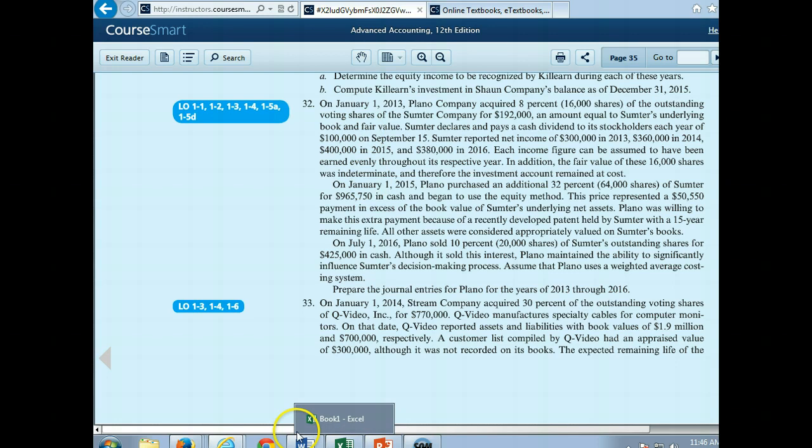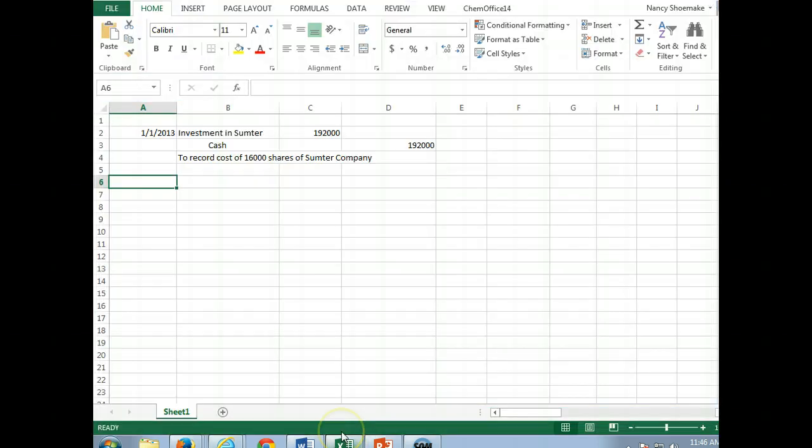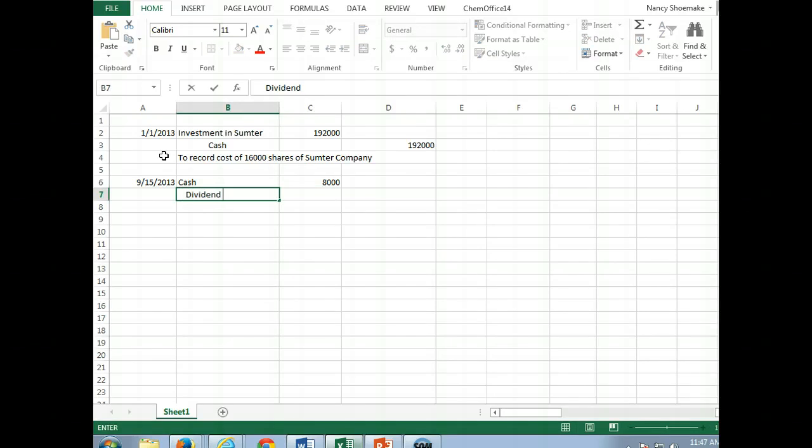So 10% of that is $10,000. No. Do they own 10%? Oh, 8%. 8%. Okay. So on 9/15/13, we're going to need to show cash of 8 and dividend income of 8. Okay?